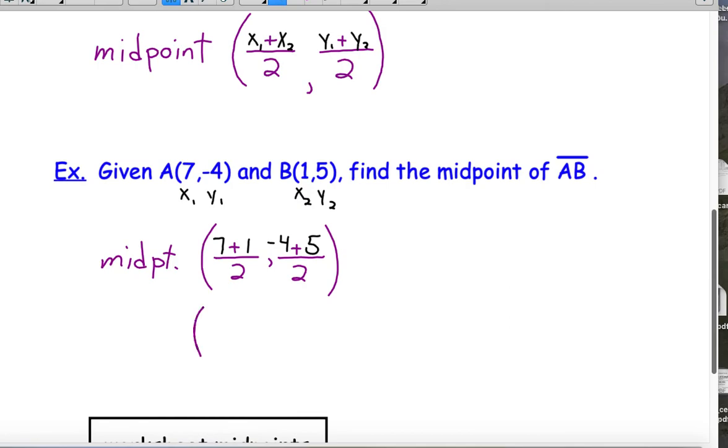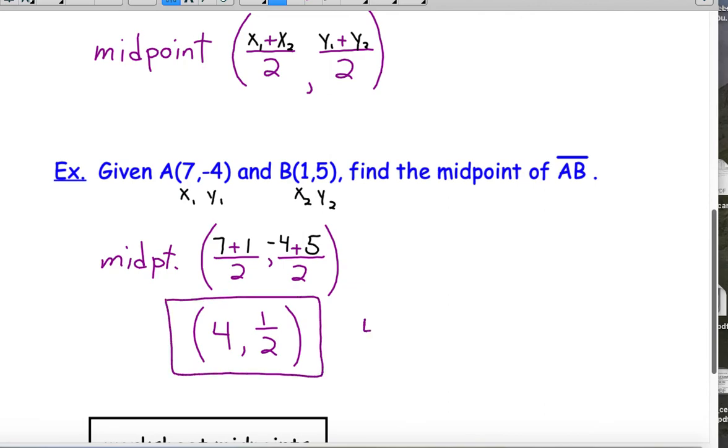So all I'm going to do is add those up. 7 plus 1 is 8, and then divide that by 2. You'll get 4. -4 plus 5 is 1, and then you divide that by 2, and it doesn't divide evenly, so leave it. Just 1 divided by 2. You can leave it as a fraction, or we could leave it as a decimal if you divided it on your calculator. Either one would be fine, decimals or fractions.